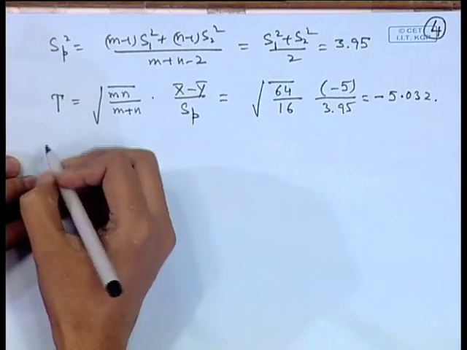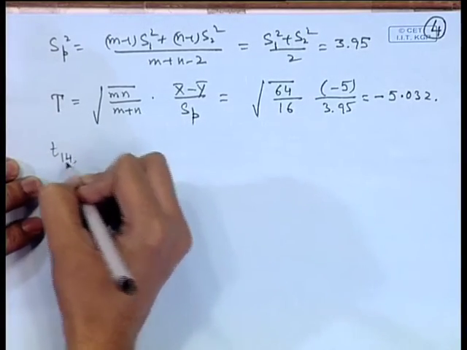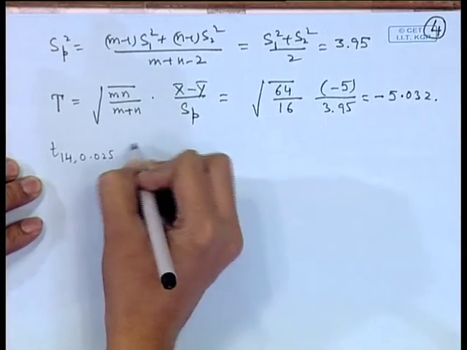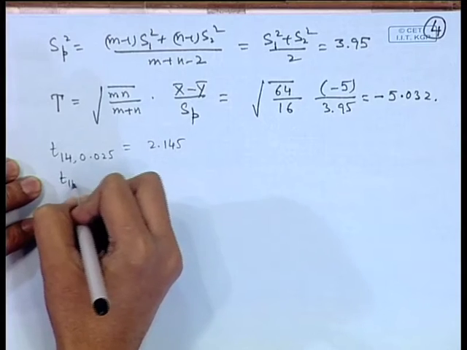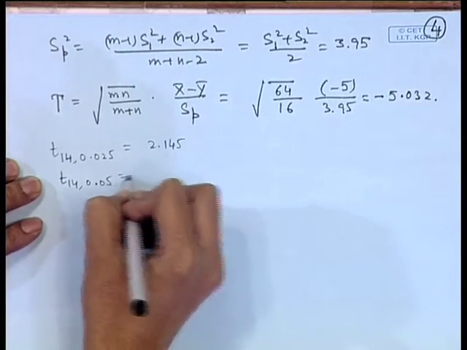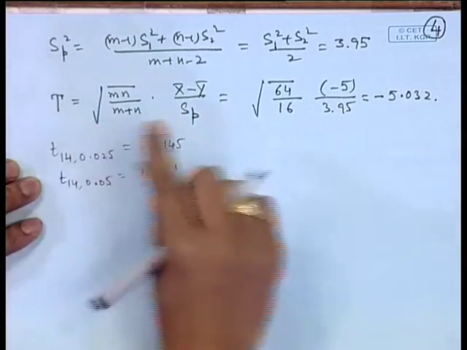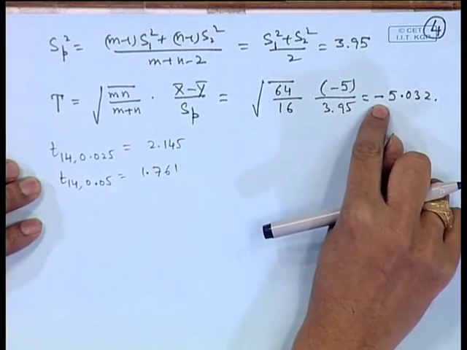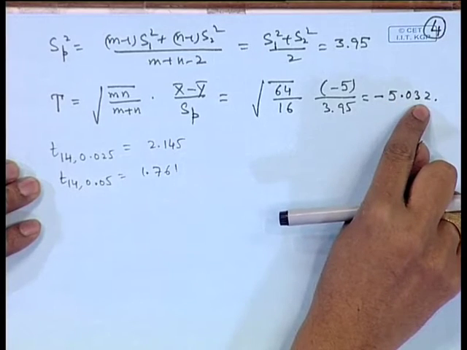If we see t 14 at 0.025 level, then it is 2.145, t 14 at 0.05, that is 1.761, etc. You can see here the calculated value of the t statistic is minus 5.032.